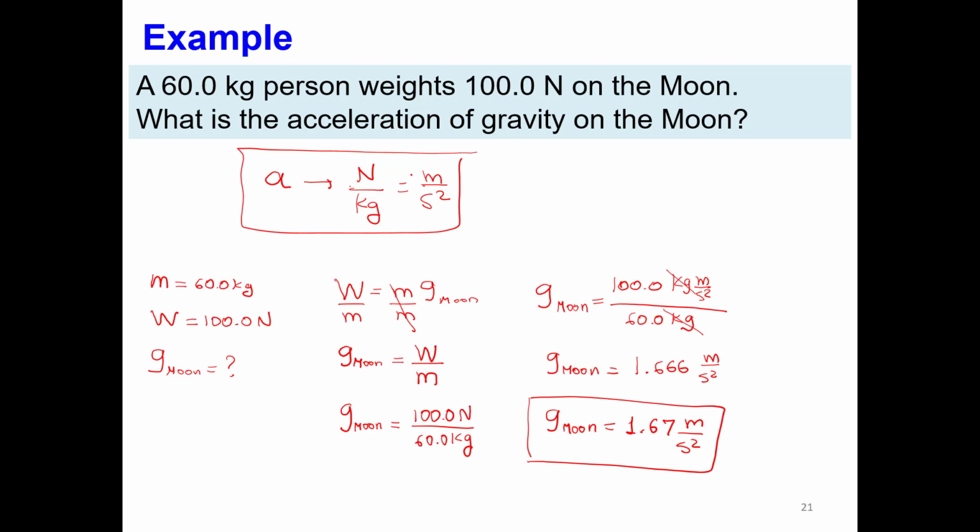In this course we will mainly use meters per second squared, but Newton over kilograms are also units for acceleration. Here we had the acceleration of gravity. Then the acceleration of gravity on the moon is 1.67 meters per second squared.